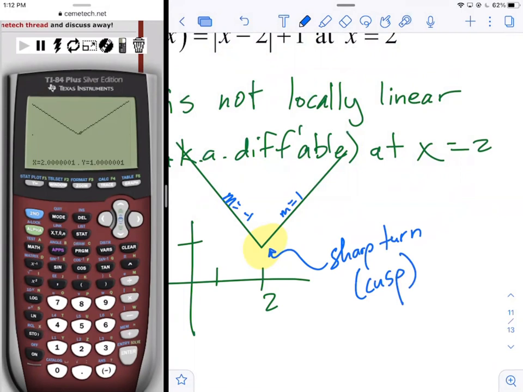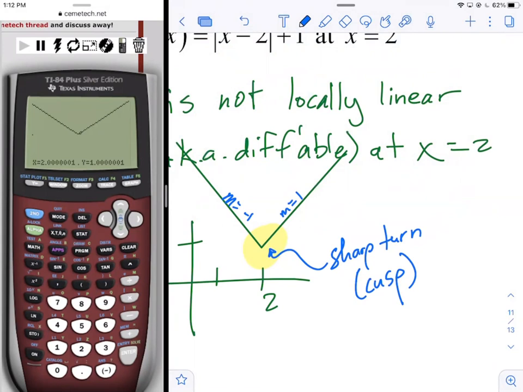So that's now one of two visual cues that we have to determine if something is differentiable at a point or not. It's not the ultimate test. The reason that it's not differentiable is not because of the cusp. You don't say that this function f is not differentiable at the point 2,1 because it's got a cusp there.